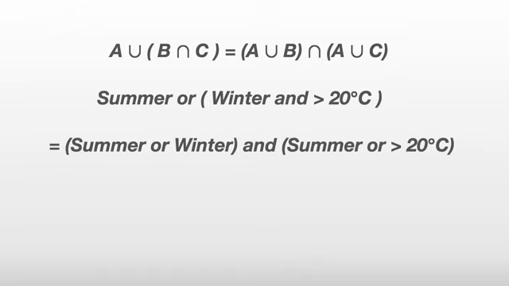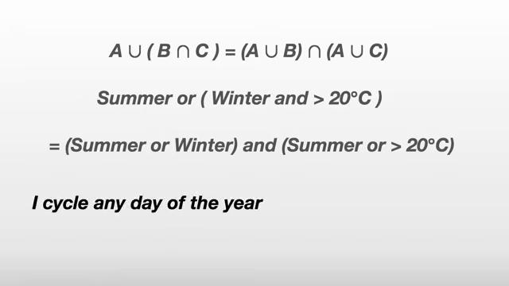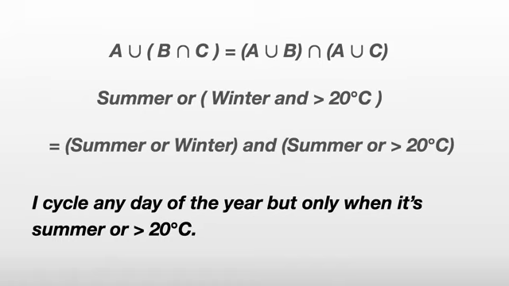We're ignoring other seasons in this example. And we're taking the intersection of these. So we get something like, I cycle any day of the year, but only when it's summer or more than 20 degrees, which actually makes sense and is another way of saying the original statement.